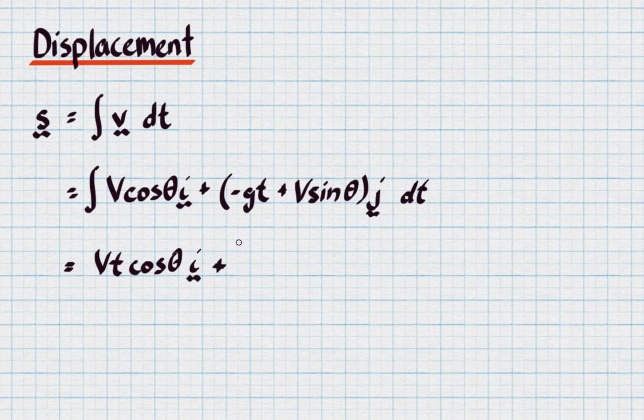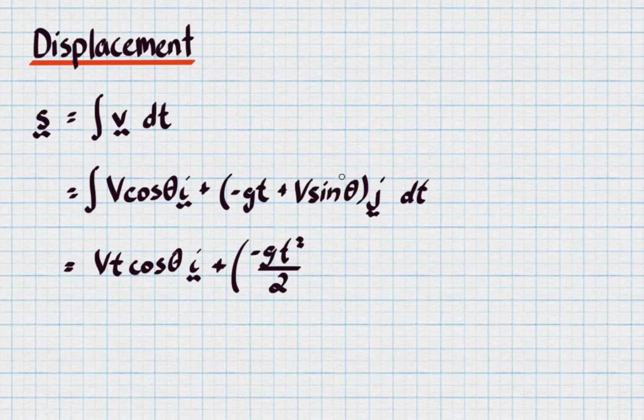And then for the vertical part, we have t here. So what happens when we integrate t? We raise the power, so t squared, over the power. Keeping in mind that we still have this negative g, we get negative g t squared over 2.